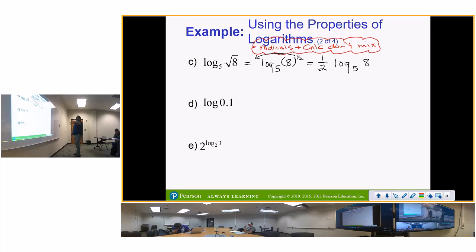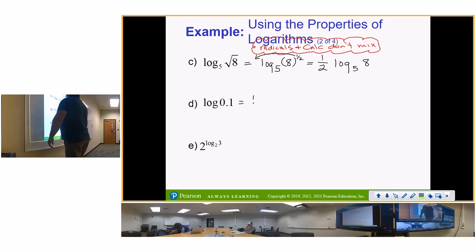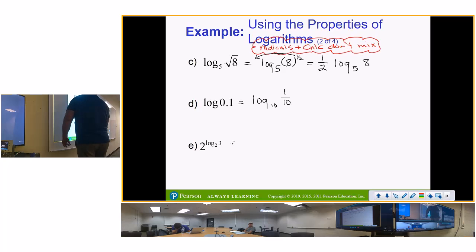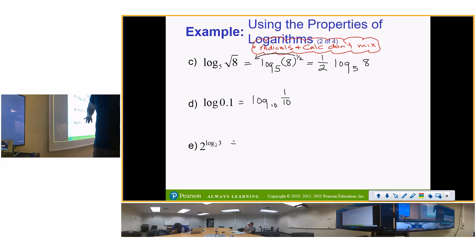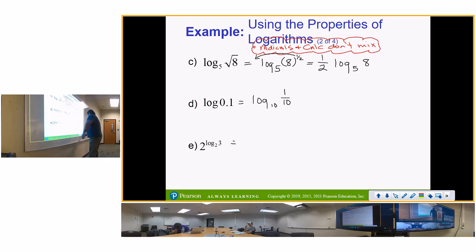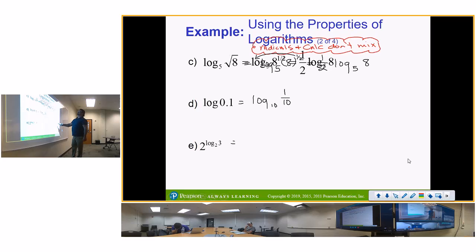Okay? This one right here is a property, because this is log base 10 of 1/10. And this right here, this is 2 log base 2. That's another property. And I'll just show you those. Okay, there's that one. 10 to the negative 1.